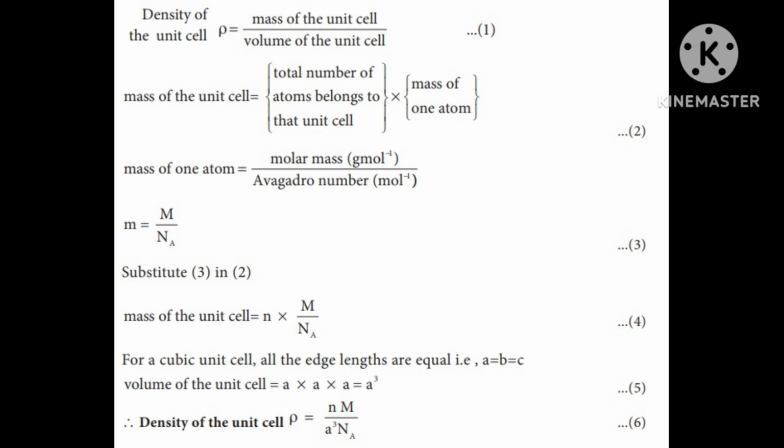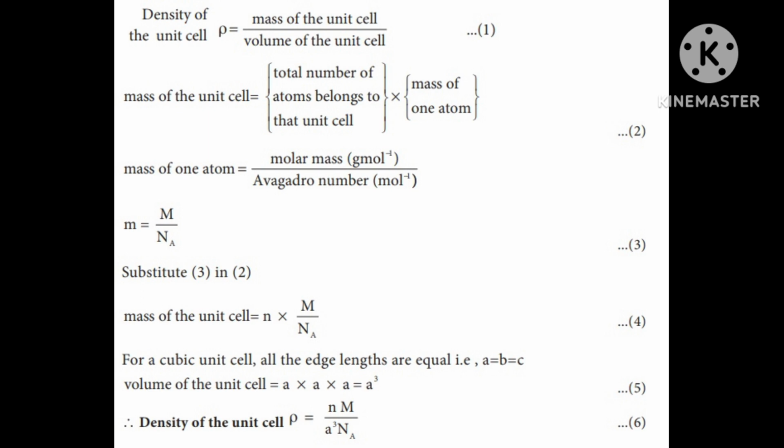You consider the Avogadro number here because M is the molecular mass, and molecular mass is equal to Avogadro number of atoms. Avogadro number is a big number. Then you divide, and you will get the mass of one atom.